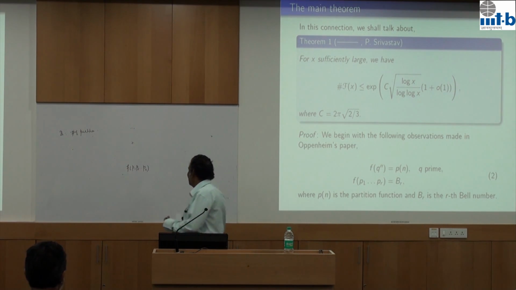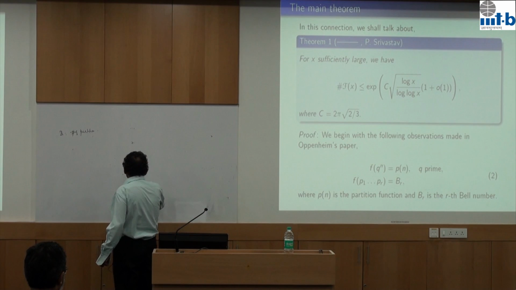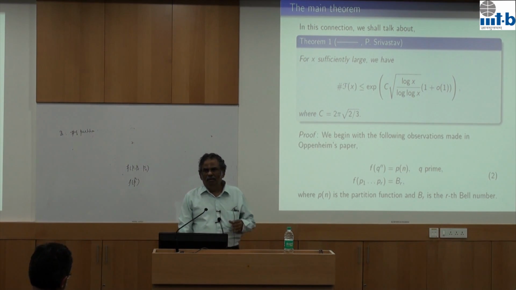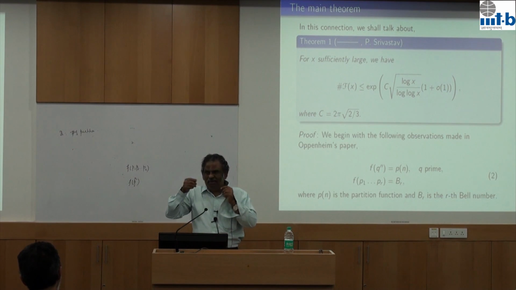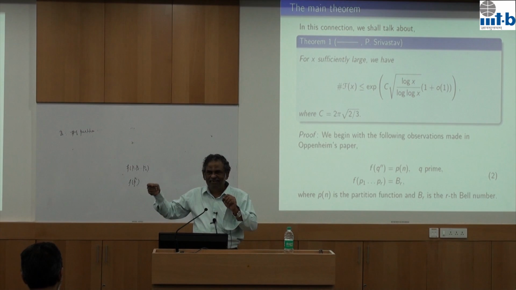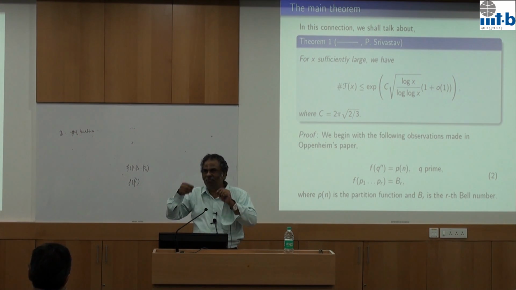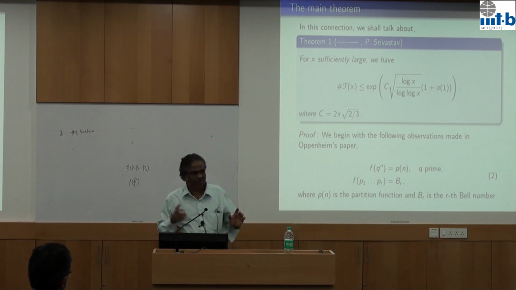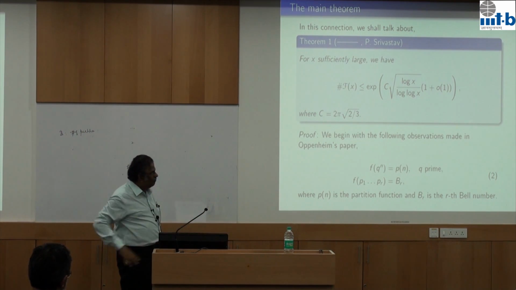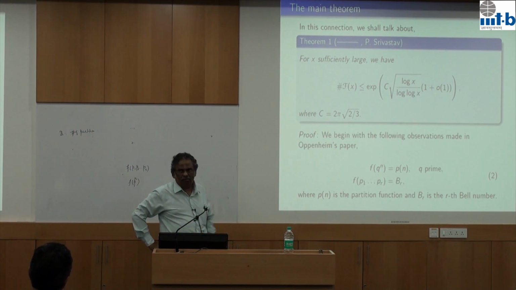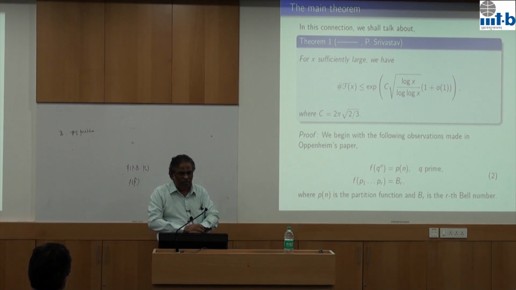And the second question is, what happens to an nth power? Then writing p power n as a product is the same as p power a into p power b into p power c, which is the same as writing n equal to a plus b plus c, which is the partition function. And that's what we get: f of q power n equal to p power n, and f of p1, p2, etc. pr equal to br. Okay, this is exactly what it is.